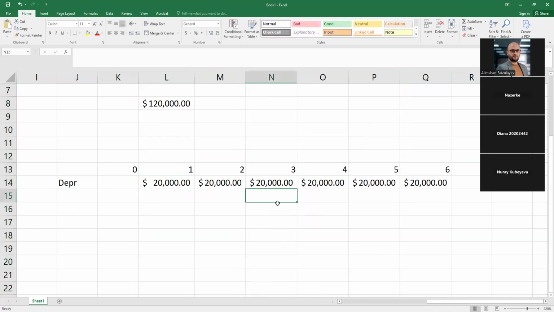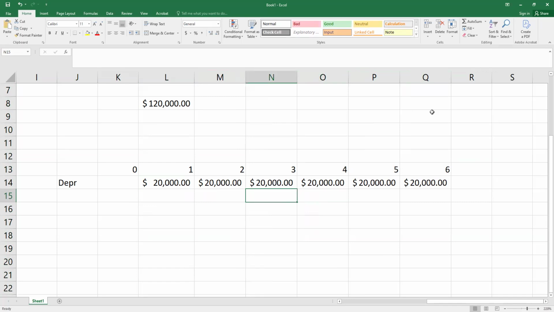Now, let's say at the end of the third year, you decide it's better to replace this equipment because new technologies came, new software, or maybe new features with the equipment, and you want to replace the old. So the 4th, 5th, and 6th year, you will use the new equipment. This is the cost of the old equipment.